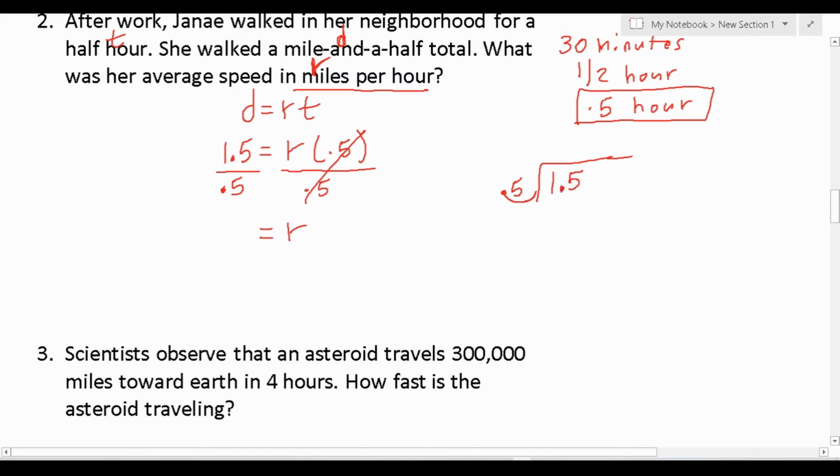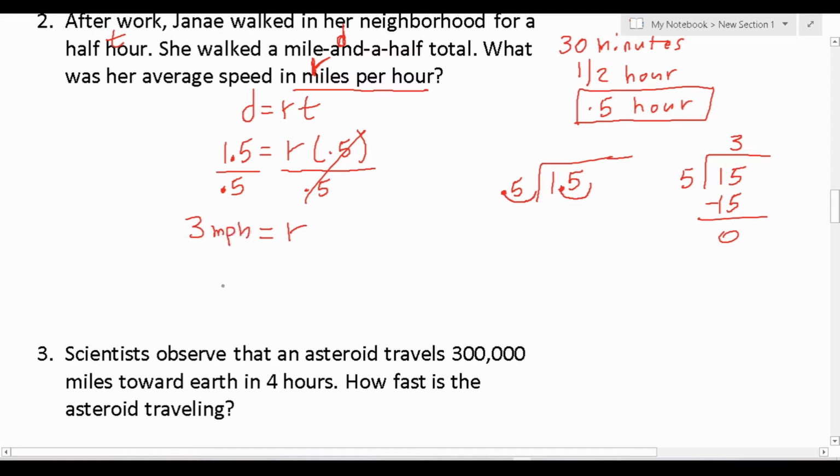And what I do outside the division bracket, I have to do inside the division bracket a corresponding number of times. So instead of 1.5 divided by 0.5, I'm actually working out 15 divided by 5. 5 goes into 15 3 times, given that 5 times 3 is 15, so there's no remainder. In other words, our rate is going to be 3 miles per hour.